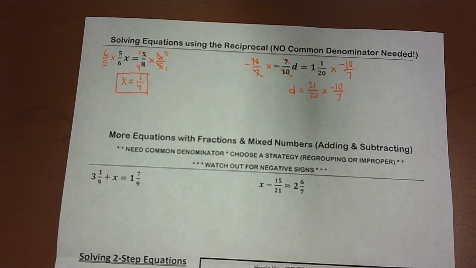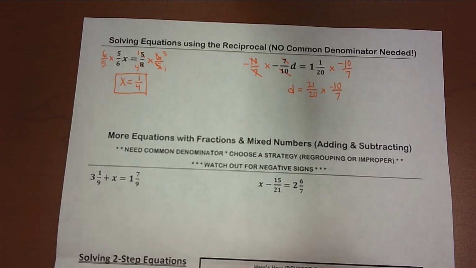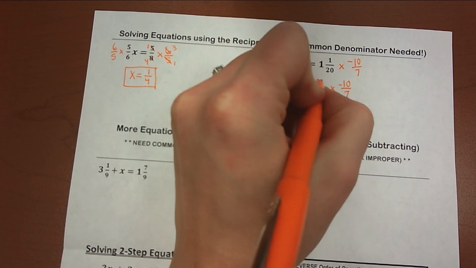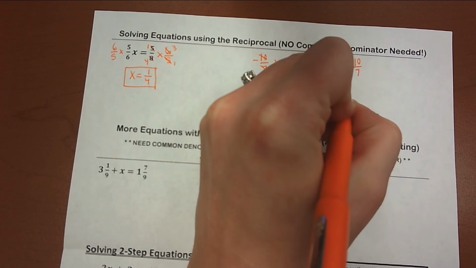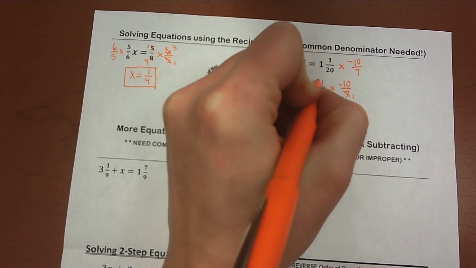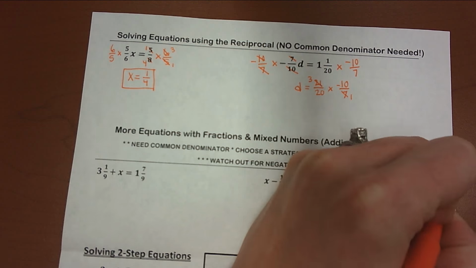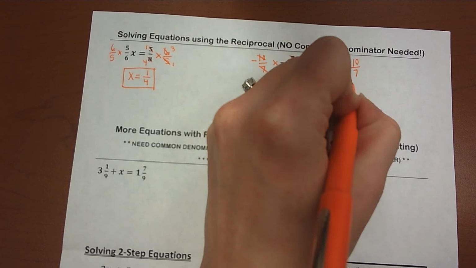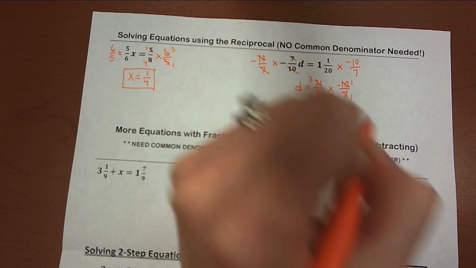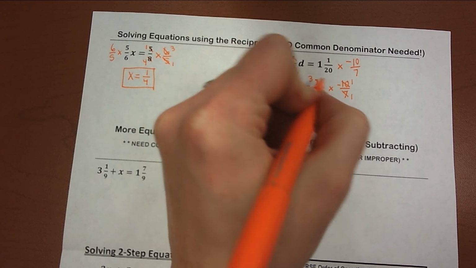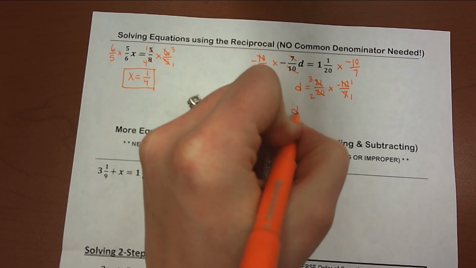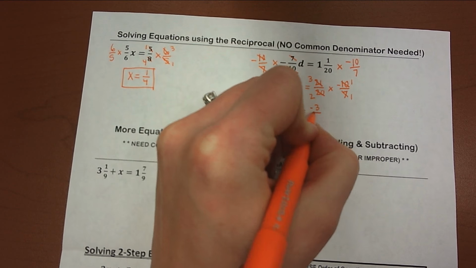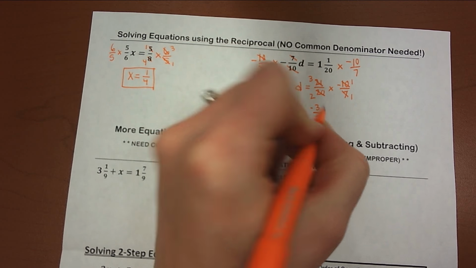There's lots of cross-reducing that can happen here so that our answer is in simplest form. 7 and 21 both have a common factor of 7. 7 goes into 7 once and into 21 3 times. 10 and 20 have a common factor of 10. 10 goes into 10 once and into 20 twice. And so now I've got 3 times -1, which is -3, and 2 times 1, which is 2.